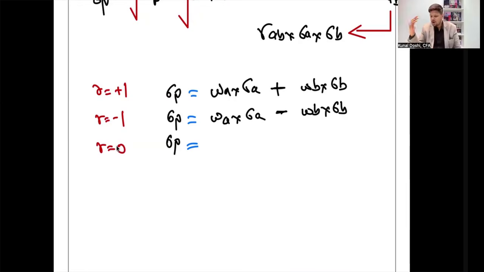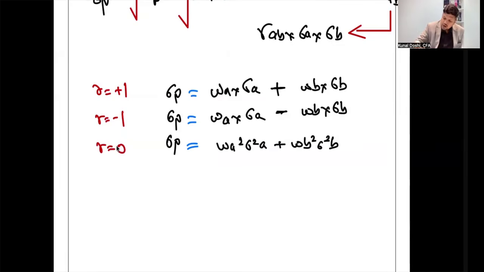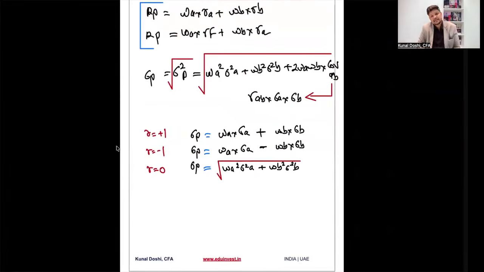If it's 0, the third component becomes 0. So it is weight of A square variance of A plus weight of B square variance of B, and the third component becomes 0. So this still remains under the root. Everyone realizes this?